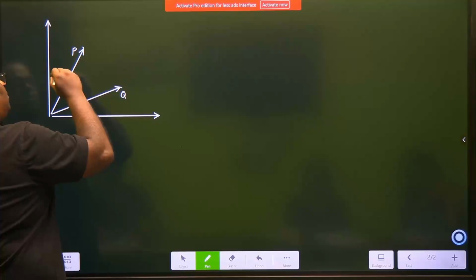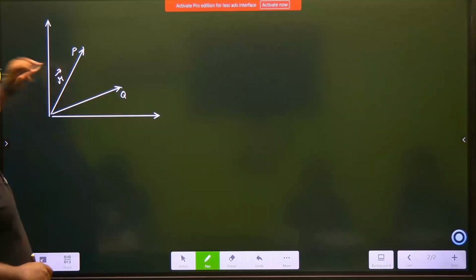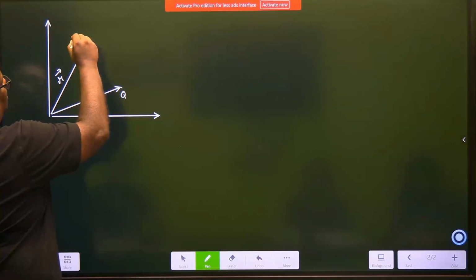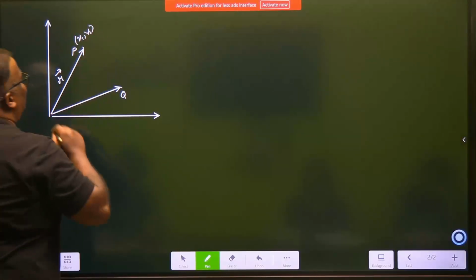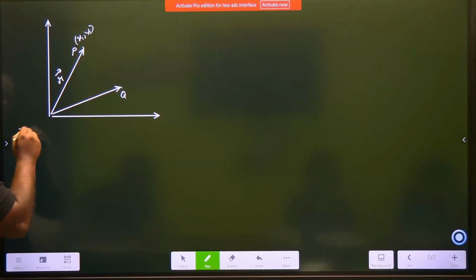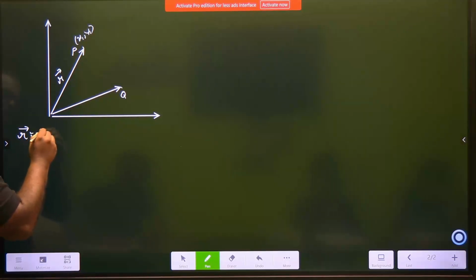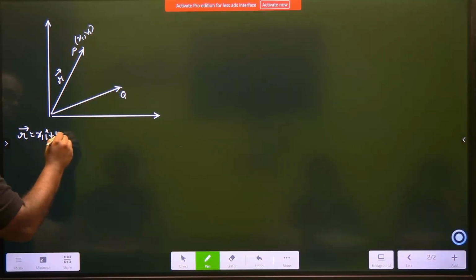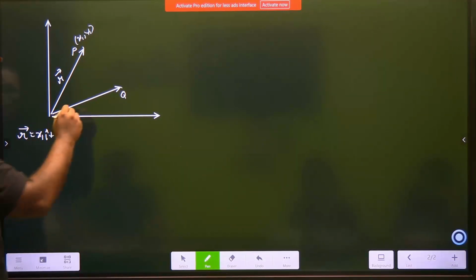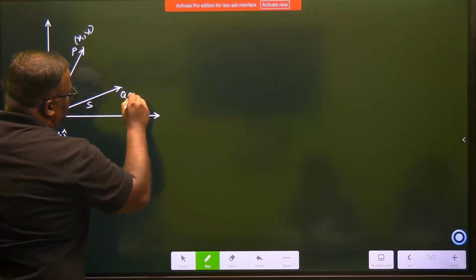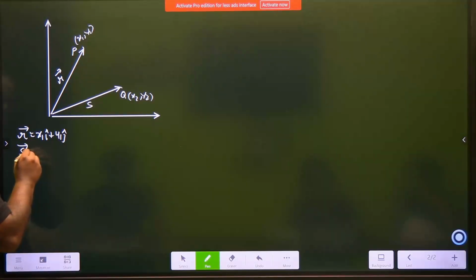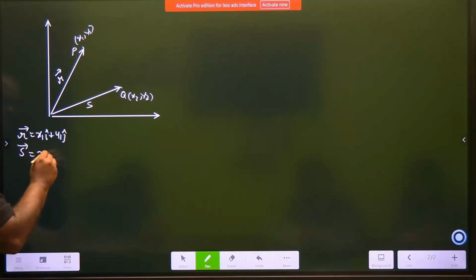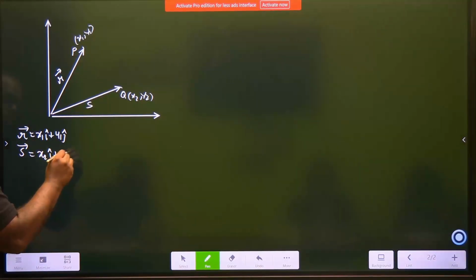This is position vector R. Means P would be a point. We are doing vector algebra, okay? X1, Y1. Then we can express R as a vector as X1i plus Y1j. Similarly, this is a position vector S and this is X2, Y2. So S as a vector can be represented as X2i plus Y2j.